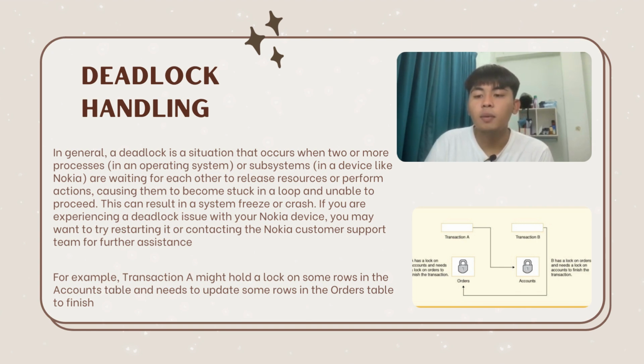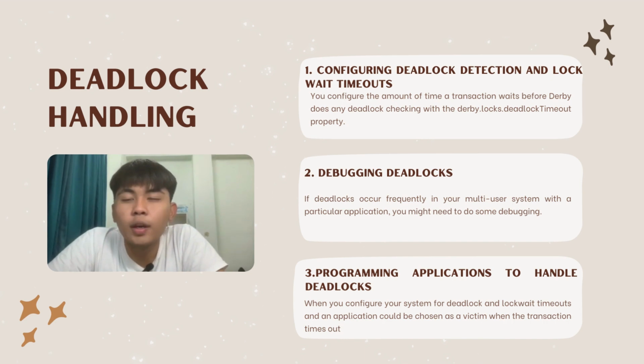Transaction A might hold a lock on some row in the account table and need to update some row in the order table to finish. The summary of deadlock handling. First, configuring deadlock detection and lock wait timeout.